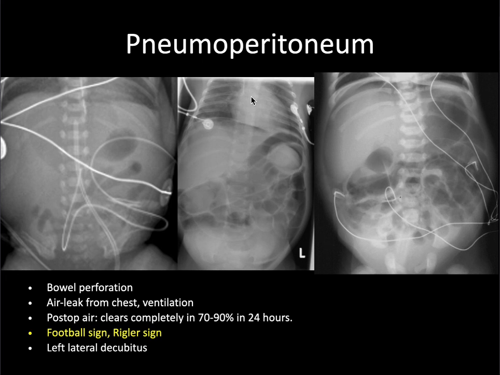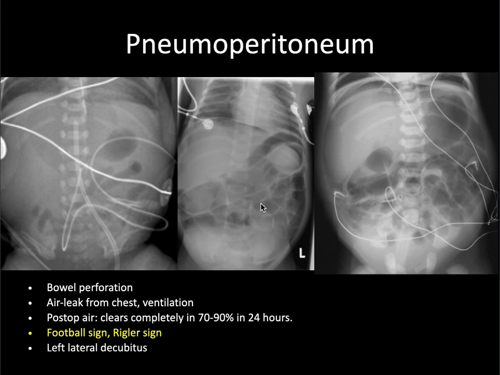You want to look for pneumoperitoneum, which is from bowel perforation, or an air leak from the chest from ventilation, or could be post-op, which usually clears in 24 hours. What you want to look for is the football sign, where you see the falciform ligament outlined by the pneumoperitoneum over the liver, or the Rigler sign, which is seeing air on both sides of the bowel wall.